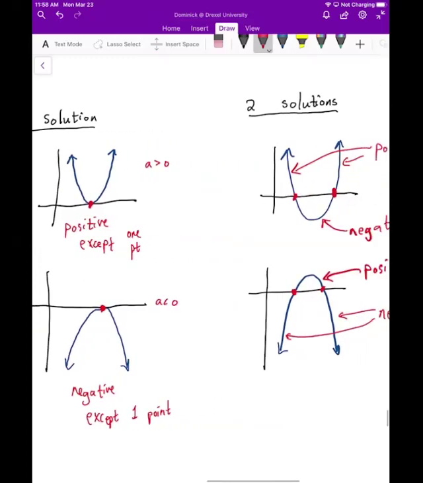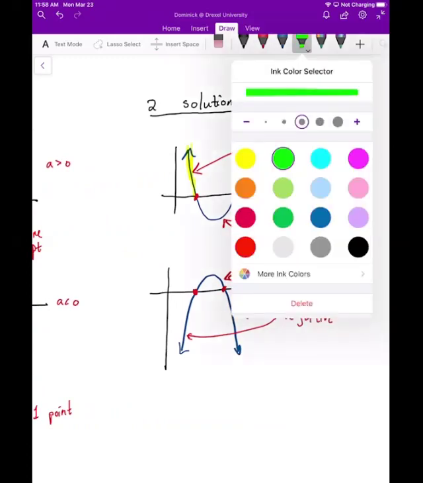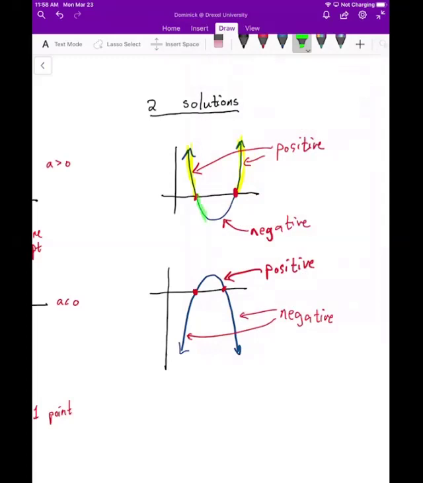Now the interesting case comes into play when there are two solutions, because then your graph looks something like this. In the top one, you have these two sections where the graph is positive, and then you have this other section down here where the graph is negative.